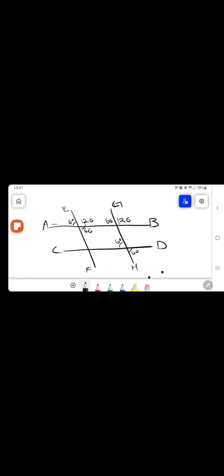So, as you notice, if there's 60 right here, once again, we get 120 right there. And if this is 120, then this will be 60. Now let's take a second to identify some other relationships.